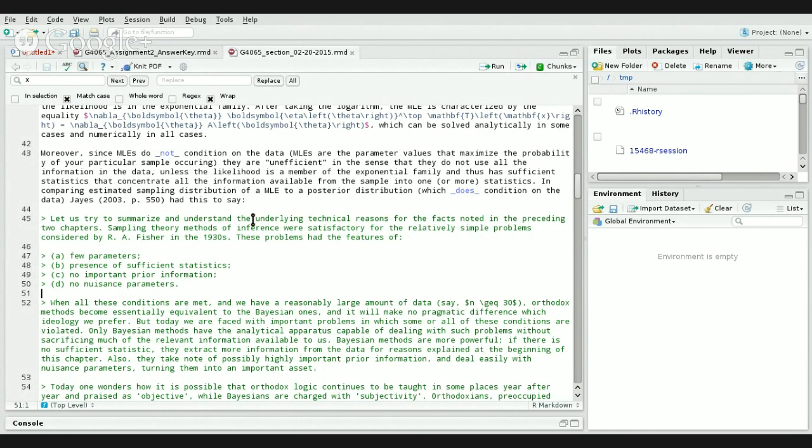And the problems of the 1930s are very different from the problems that researchers are interested in today. The problems of the 1930s tended to have a fixed number of parameters that was not so big. Likelihoods that were chosen from the exponential family, so they had sufficient statistics. No prior information of real use, and basically all the parameters were of interest.